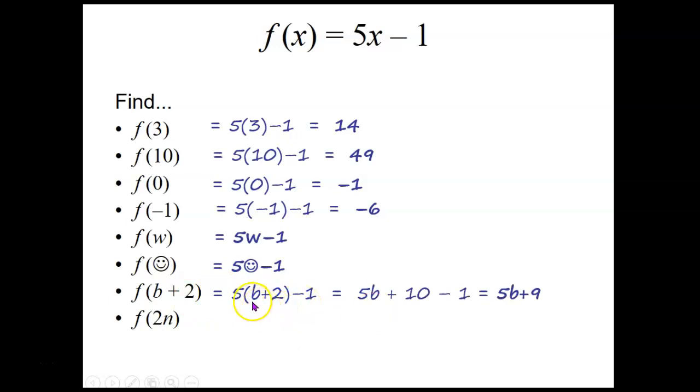And we can simplify that because 5 times b plus 2 would be 5b plus 10, and then 5b plus 10 minus 1 simplifies to 5b plus 9. So if our input is b plus 2, the output is 5b plus 9. What if the input is 2n? Then we get 5 times 2n minus 1, which would be 10n minus 1.